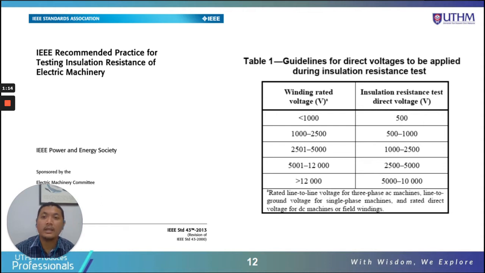So in this case, if you want to perform a high voltage test, which is an insulation resistance test, on any electrical machine, motor or generator, you can refer to IEEE Standard 43 and use the latest one, which is 2013.